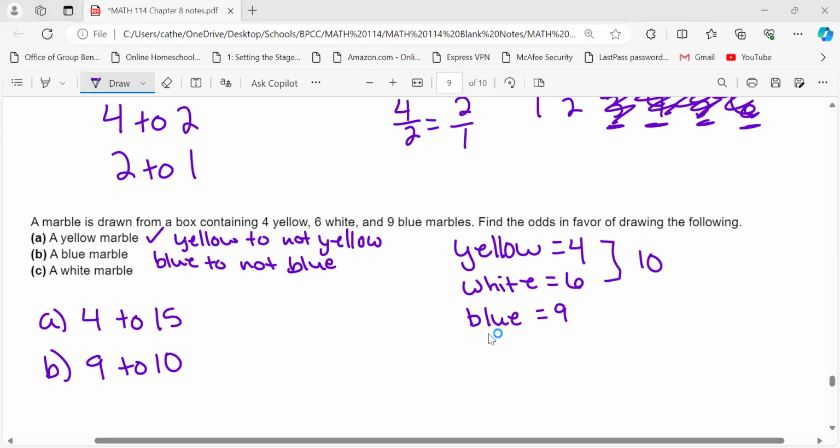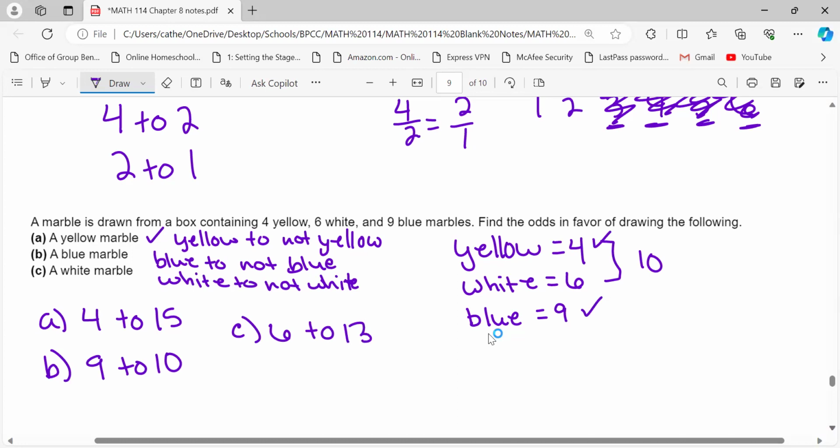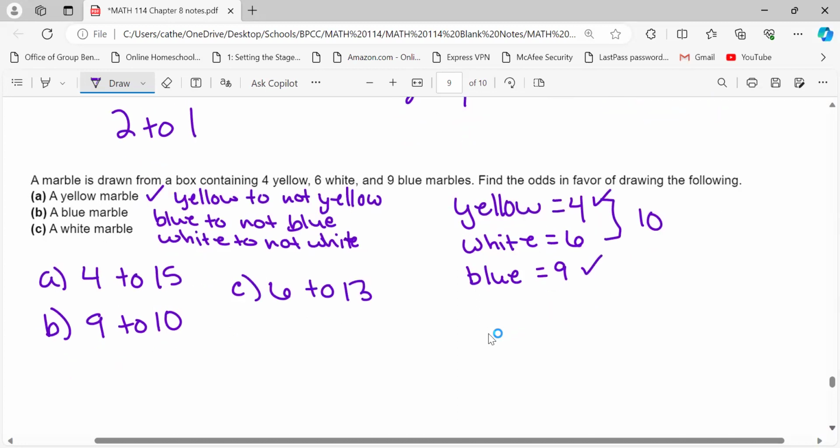Our last one is a white marble. So the odds in favor of drawing a white marble, it's a ratio of white to not white. White marbles are 6, and then not white would be the 4 and the 9, which is going to give me the 13. So 6 to 13.